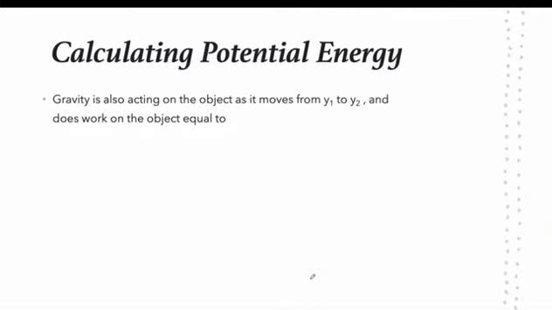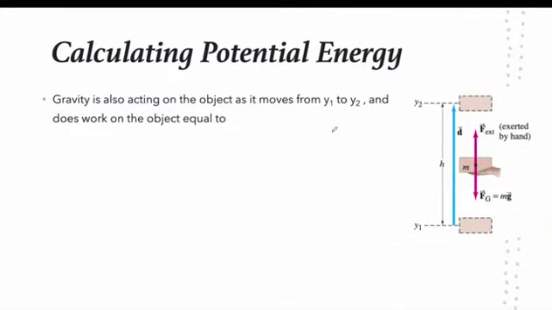But at the same time, gravity is also acting on this object, and gravity is also doing work on it. How much work does gravity do? We use work equals Fd cosine theta.